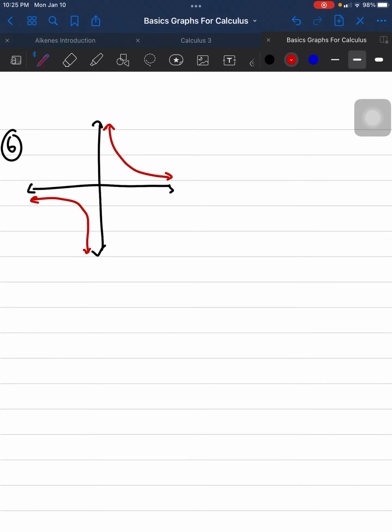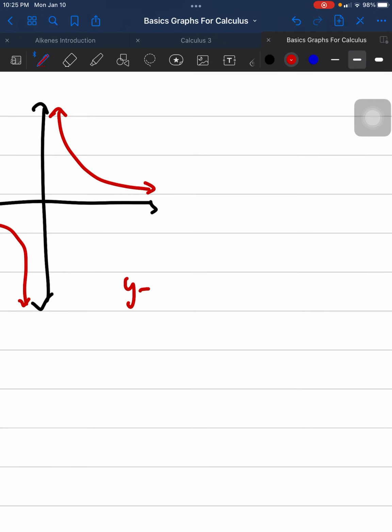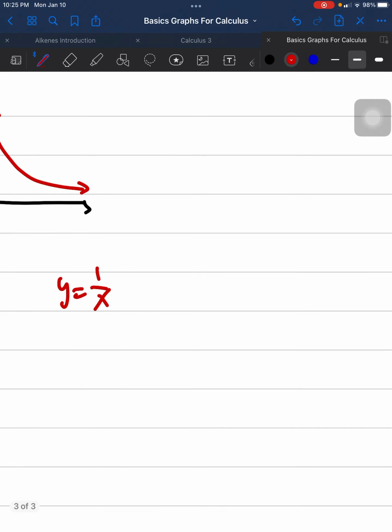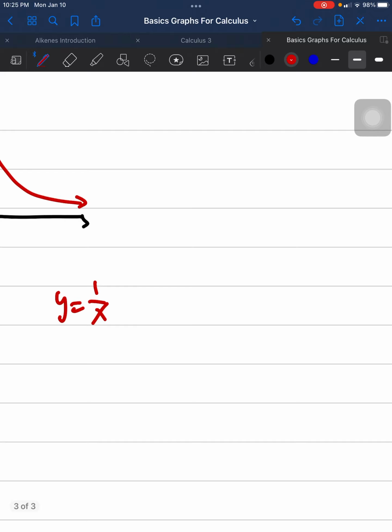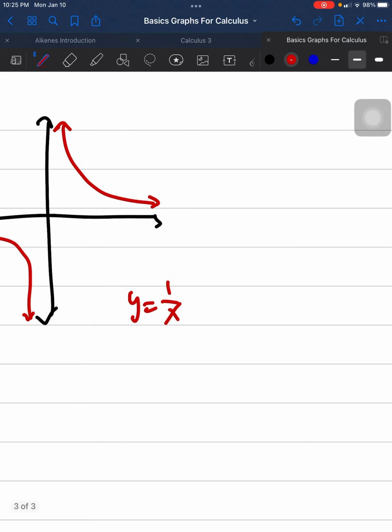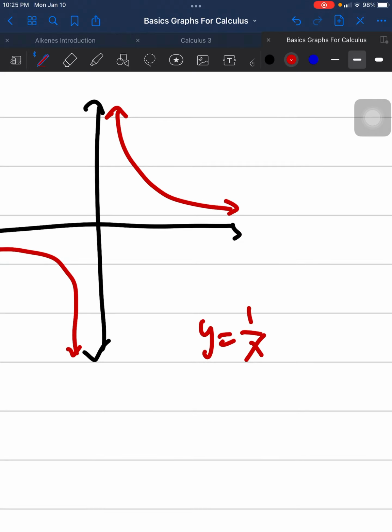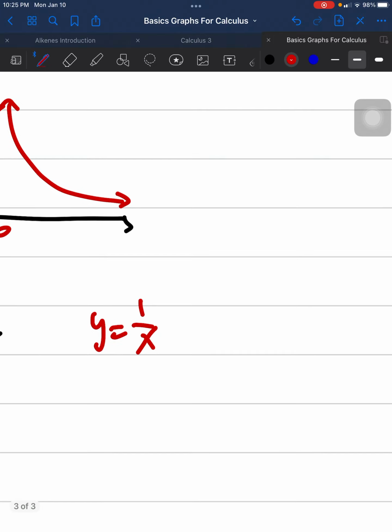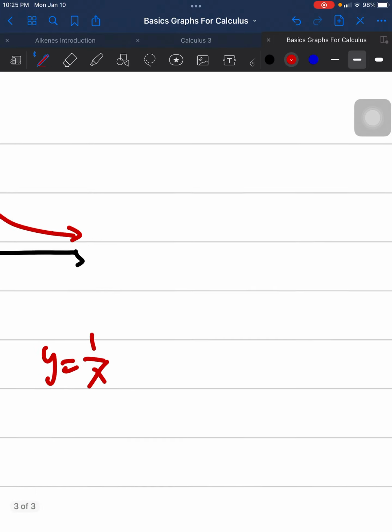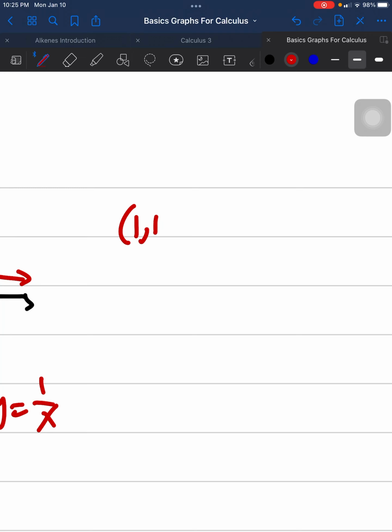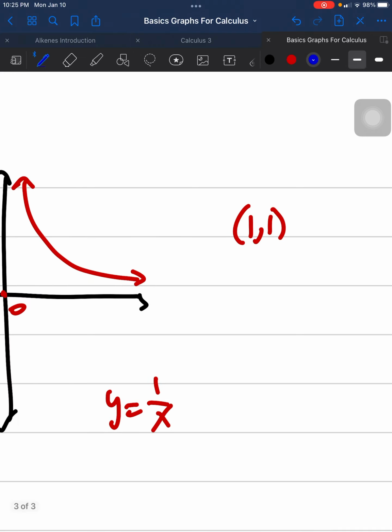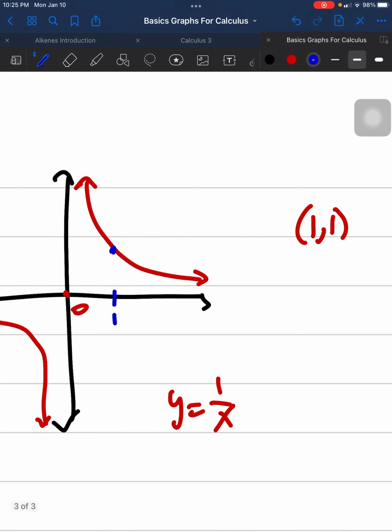And you can easily get the critical points by just plugging in values. For x equals 0, y is going to be undefined because there's an asymptote. When x is equal to 0, there's no value for y. But when x is equal to 1, y is equal to 1. So one of the critical points is 1, 1.